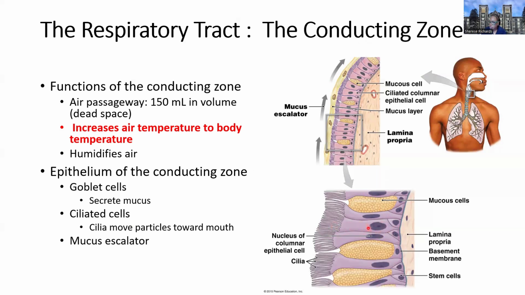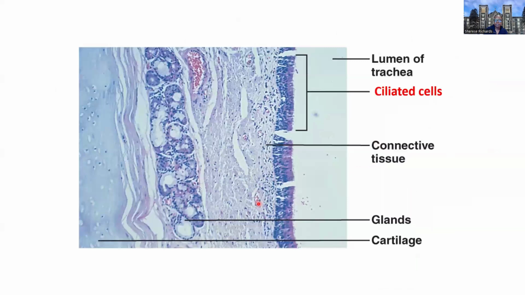So very tall columnar cells with these cilia. And then these are also pseudostratified. I think you'll talk about epithelia later on, but these pseudostratified epithelia mean that we have stem cells at the bottom, and then we have these tall columnar cells. So there's kind of this stacking or stratification of the cells of the respiratory tract.